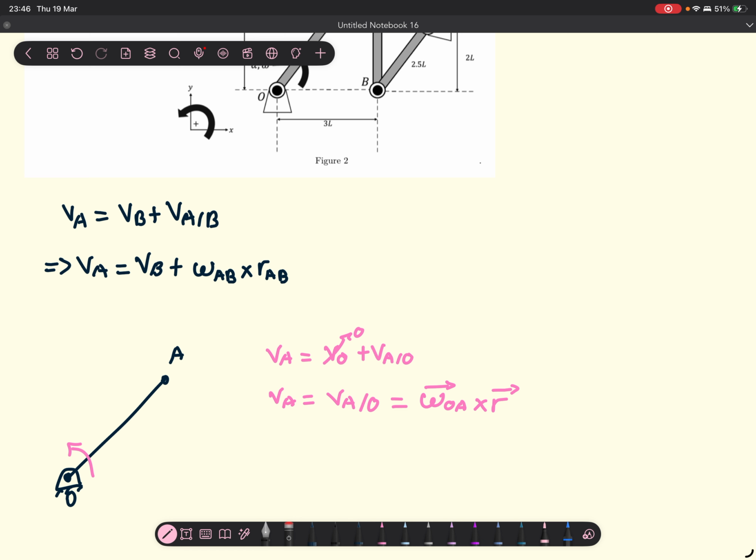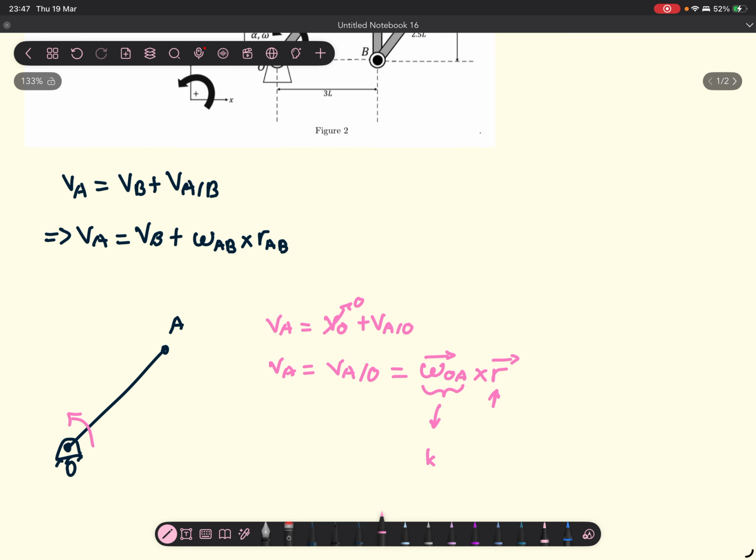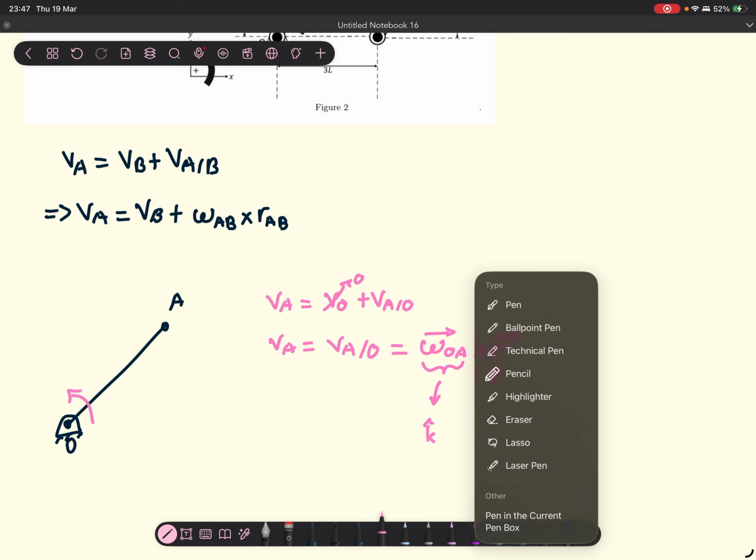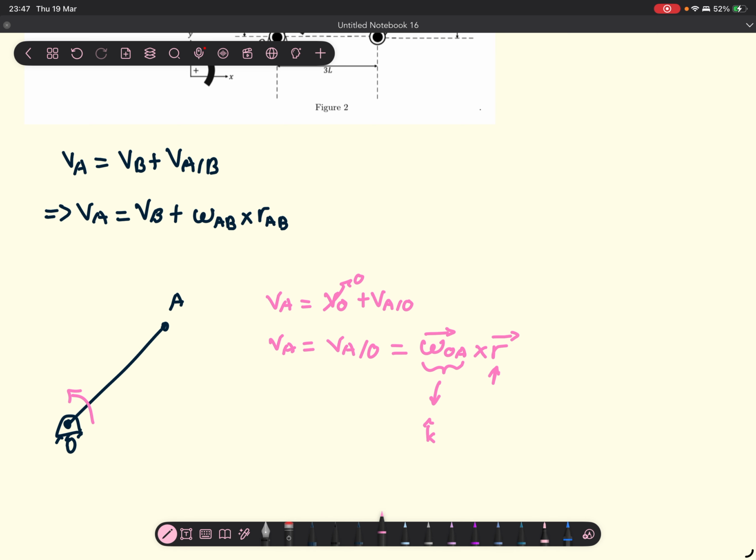But just know that because you're taking the cross product of two vectors, your vector is going to be perpendicular to this one. You don't really need to worry about this one. In essence, it's going to be perpendicular to this vector because this is in the K direction. It's pointing out the page, and your vector lies on the page. If you can visualize that, then cool, I hope that helps.